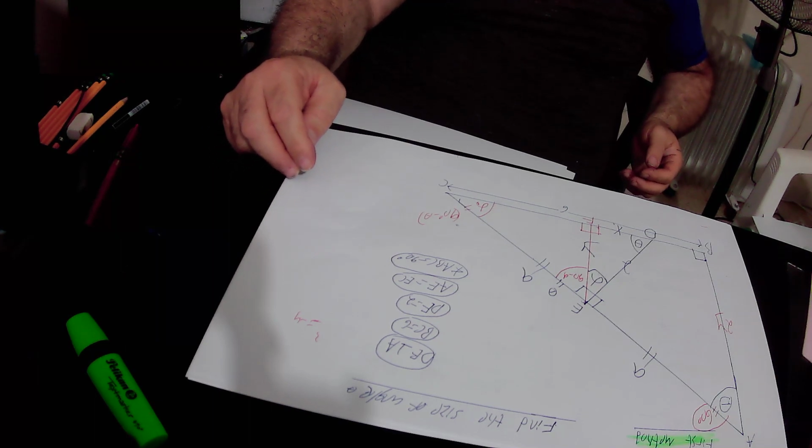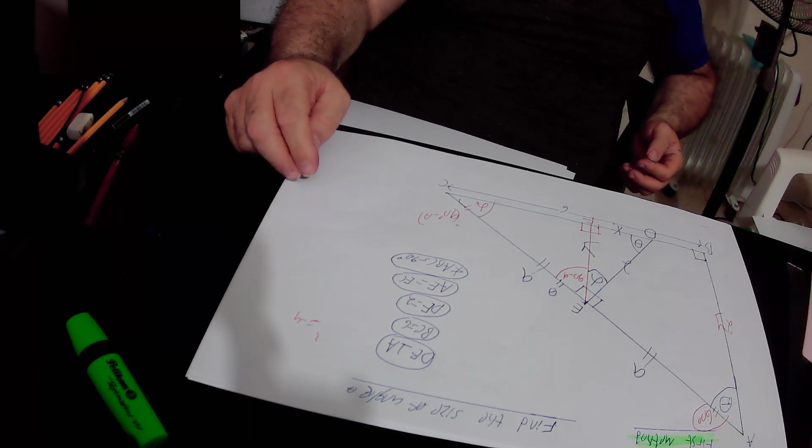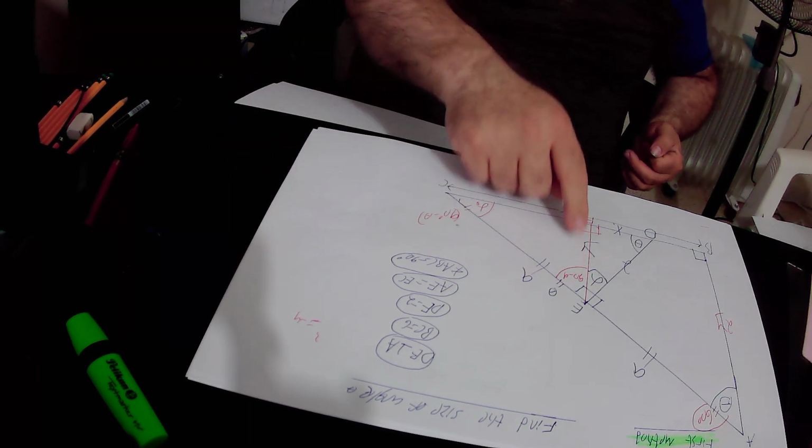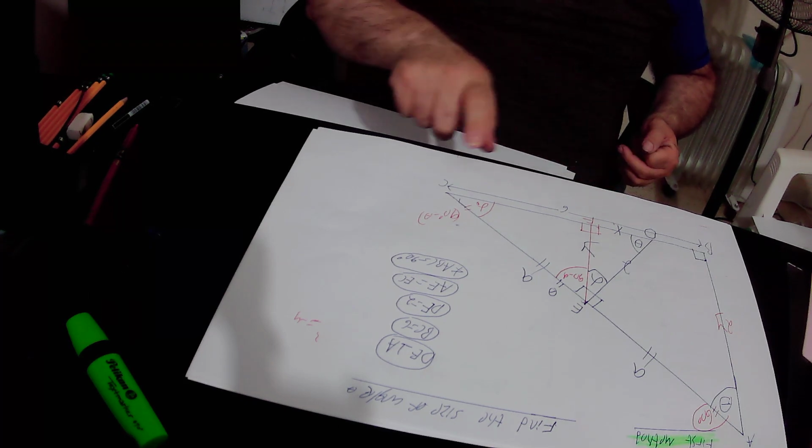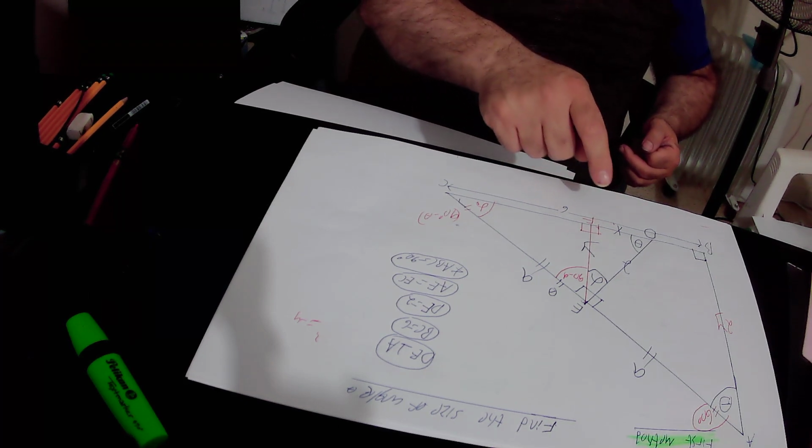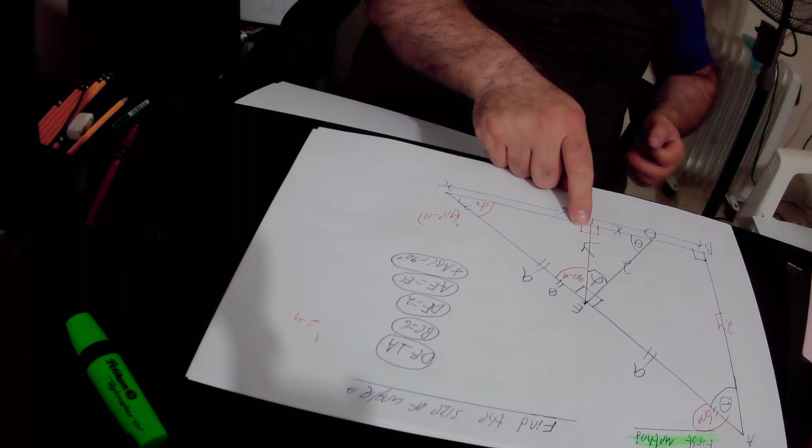We want to find out the size of this angle theta. So we did here a construction. From point E, we do a perpendicular on BC. So this angle equals 90 degrees according to our construction.